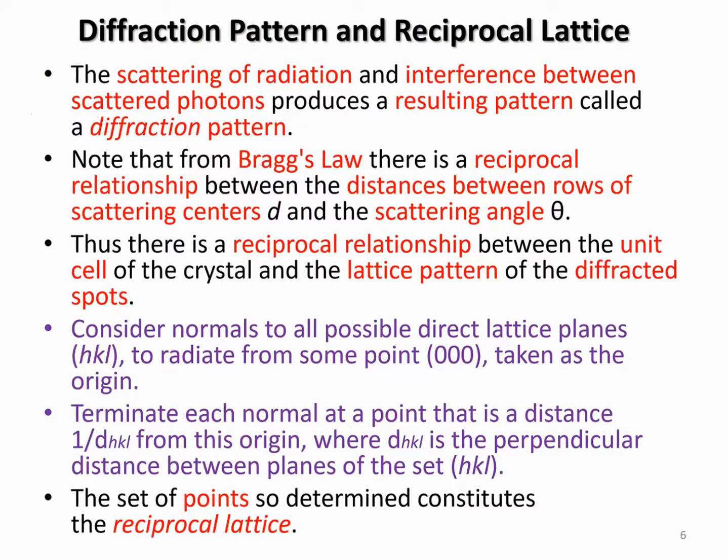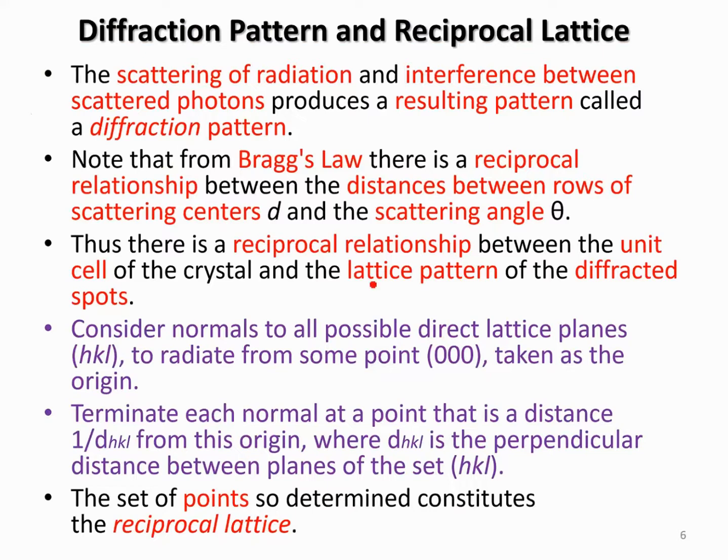The diffraction pattern and reciprocal lattice: the scattering of radiation and interference between scattered photons produce the resulting pattern we call the diffraction pattern. Note that from the Bragg law, there's a reciprocal relationship between the distance between the rows of scattering centers d and the scattering angle theta.